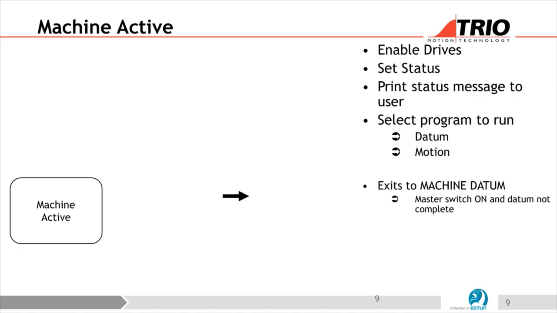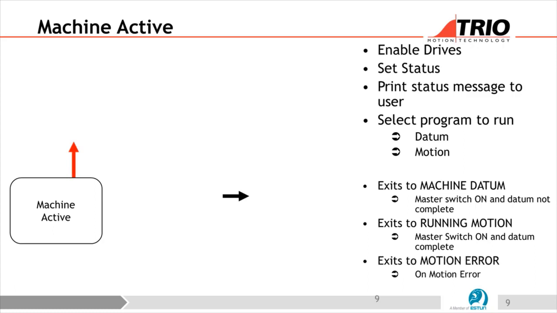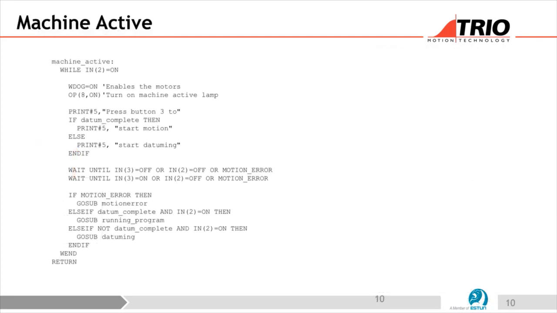Although it says exits, it means it comes out of that particular box and heads to those other ones, and then it can go to motion error if there's an error. This slide obviously needs adjusting for size. We can go back to the disable state with the enable off.